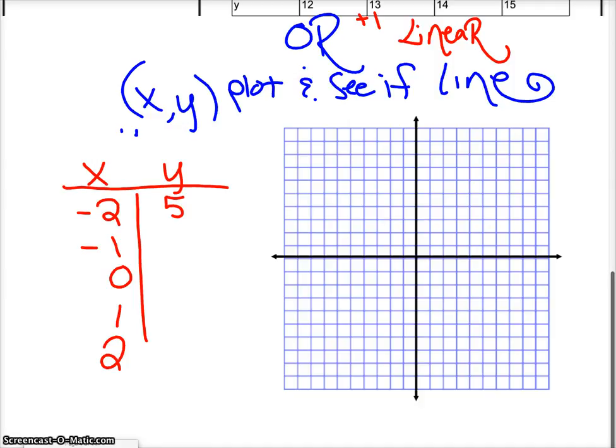Negatives. Oh, that's okay. Negative just means left. Okay, plot and tell me if it's linear or nonlinear.